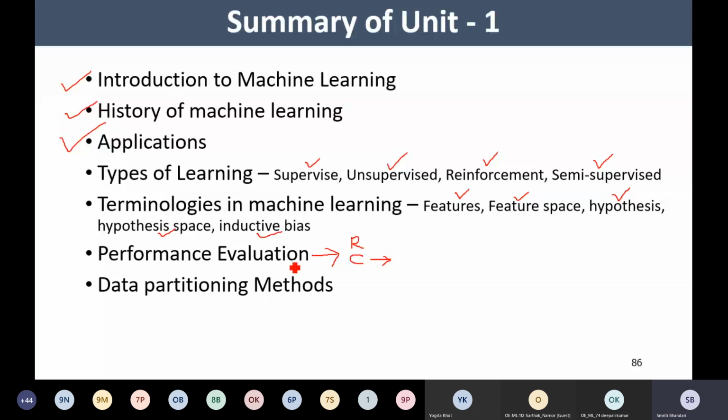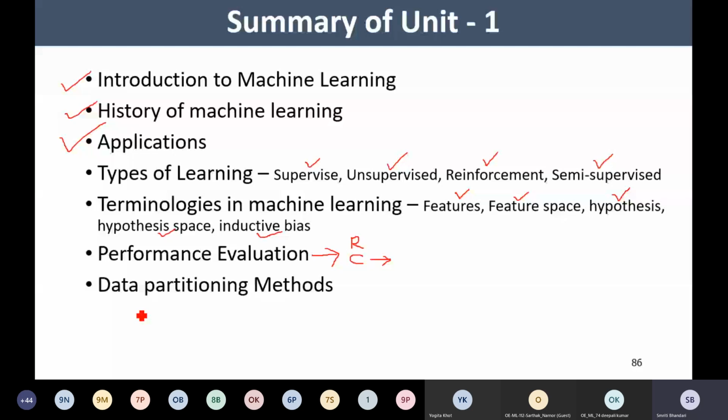To evaluate the performance of our algorithm and to build machine learning applications, the most important thing is we should have enough data with us. And if we have the data, we need to use the same data in the building process. We need to make use of the same data for building the model, for tuning the parameters of the model, and also to test the performance of the model.